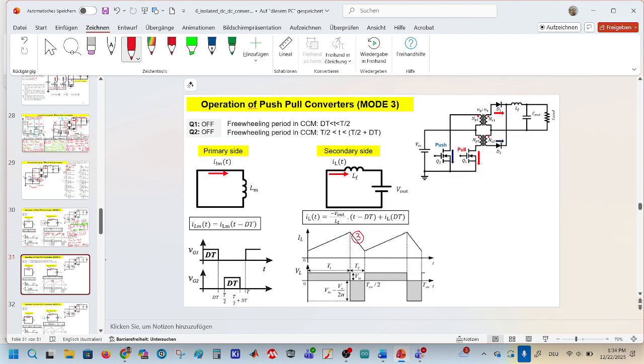Okay, that means V of NS1 and V of NS2 are both 0 volts.